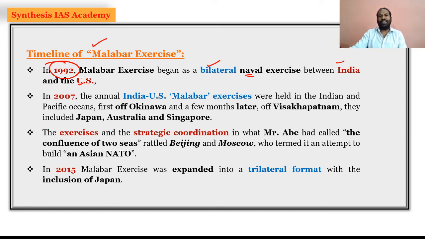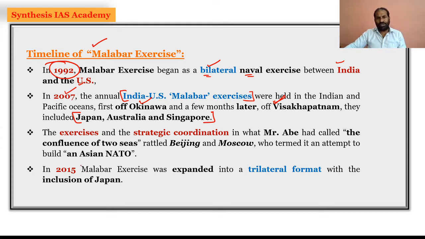But it initially started in the year 1992 as a bilateral naval exercise between India and the US, and then in the year 2007, the India-US Malabar exercise first took off in Okinawa, and then after a few months it was taken up on the Visakhapatnam coast, and then they included Japan, Australia and Singapore.